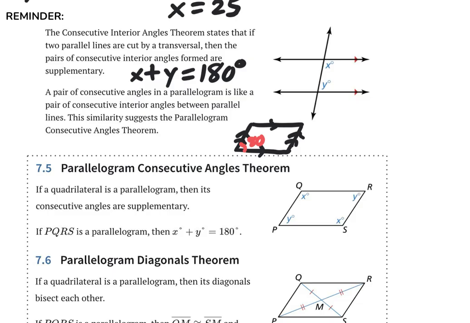It'd be 80 also, right? Because opposite angles are congruent. These two angles, or these two angles, are going to be consecutive interior angles. And so these two would have to add up to be 180. These two have to add up to be 180. So that means both of these would then have to be 100.